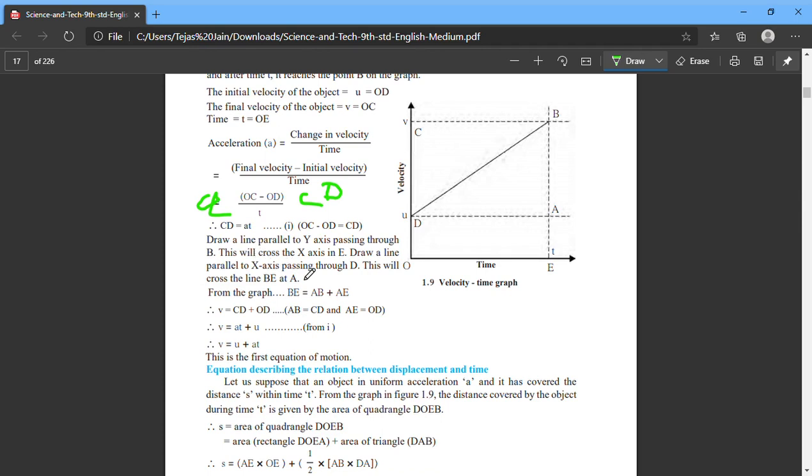Draw a line parallel to the y-axis passing through the point B. This is the y-axis, right.